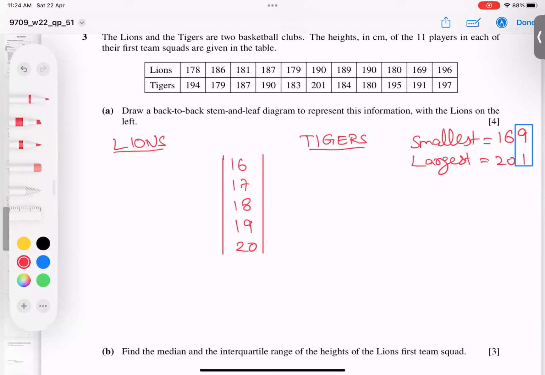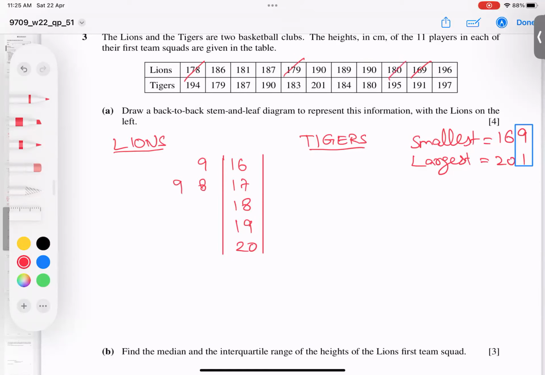First of all, let's talk about Lions. I cancel from here. Let's see, a number with 169, so I'm writing 9. Then after that, the 70s: 2 values of 70s only, 78 and 79. So I write 8 here and 9 here. Afterwards, 80 values: there are 5 values of 80s.